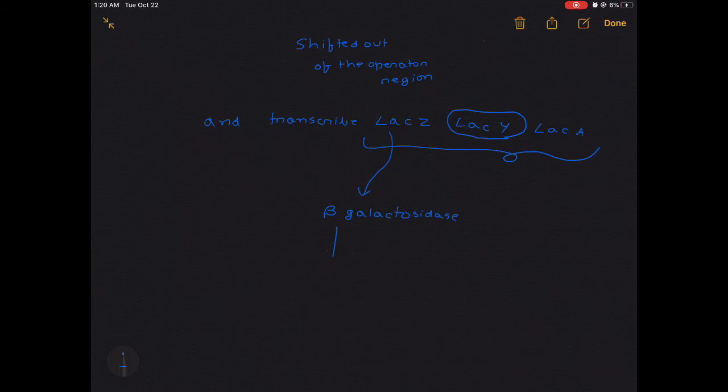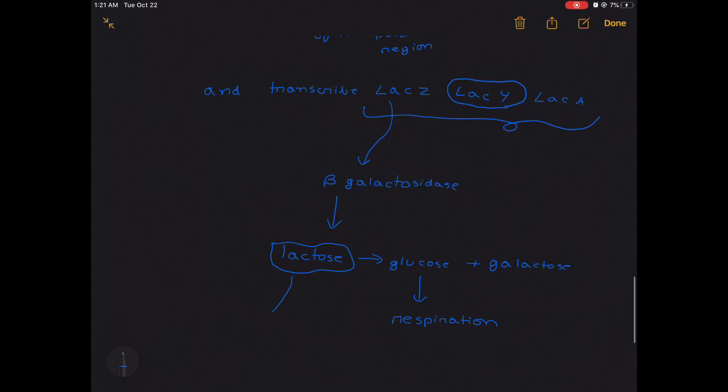But beta-galactosidase also digests lactose to glucose plus galactose. This is in turn used in respiration. And once our lactose is broken, less allolactose can be formed.